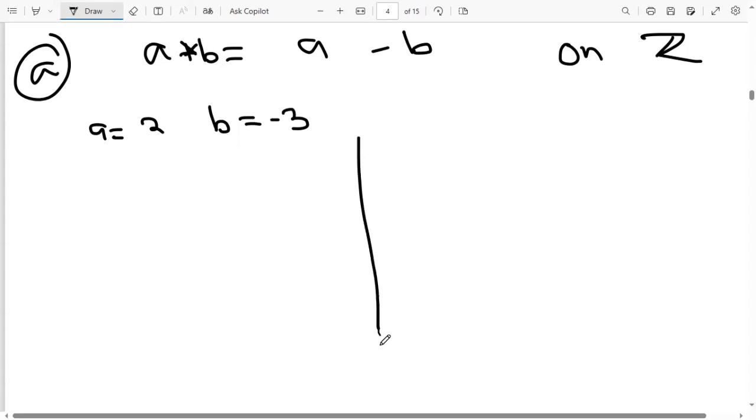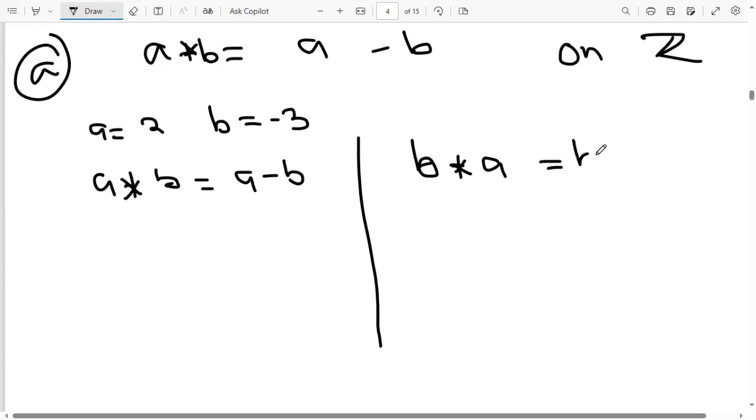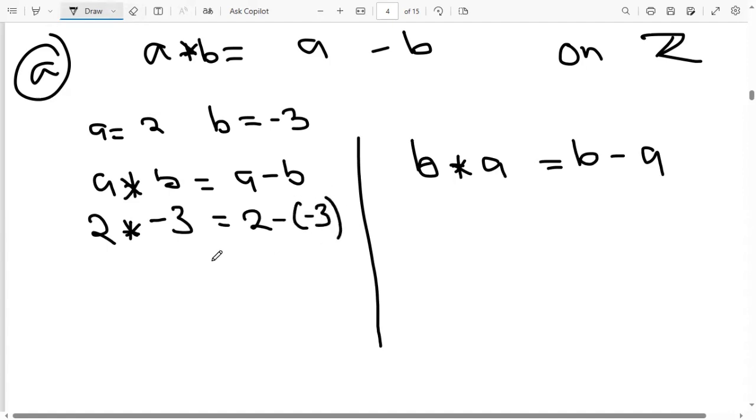So I'm going to draw a line here, and then here I'm going to put A star B equals A minus B. And then on the other side, B star A equals, when you reverse these guys, the first one here should be B minus A. So let's apply these 2 here. Here we put 2 for A and minus 3 for B. So 2 star minus 3 is equal to 2 minus 3, which gives us minus 1.